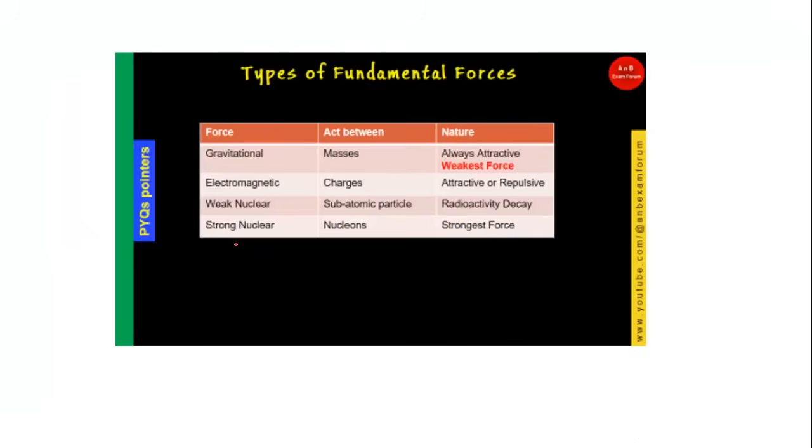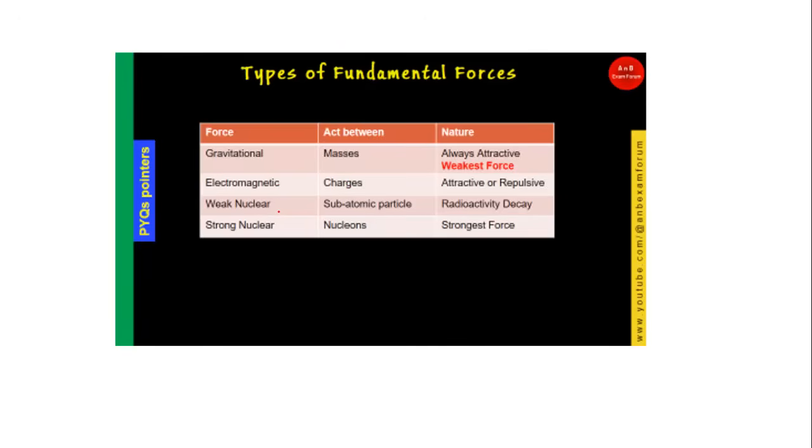We have already seen in our theory classes that there are basically 4 types of fundamental forces. Gravitation acts between masses, is the weakest force, and is always attractive. Electromagnetic forces act between charges and can be attractive or repulsive.